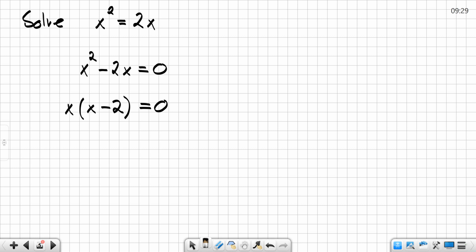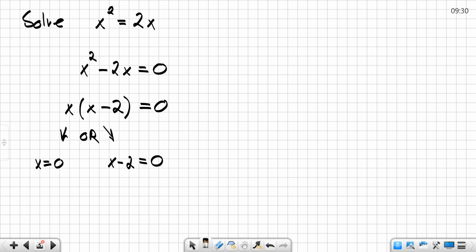And what I will now do, I have two factors. Here's the product of two things. I do not need to put a dot in between. That means that this is a true statement. This is equal to 0 either if x is equal to 0, or if x minus 2 is equal to 0.